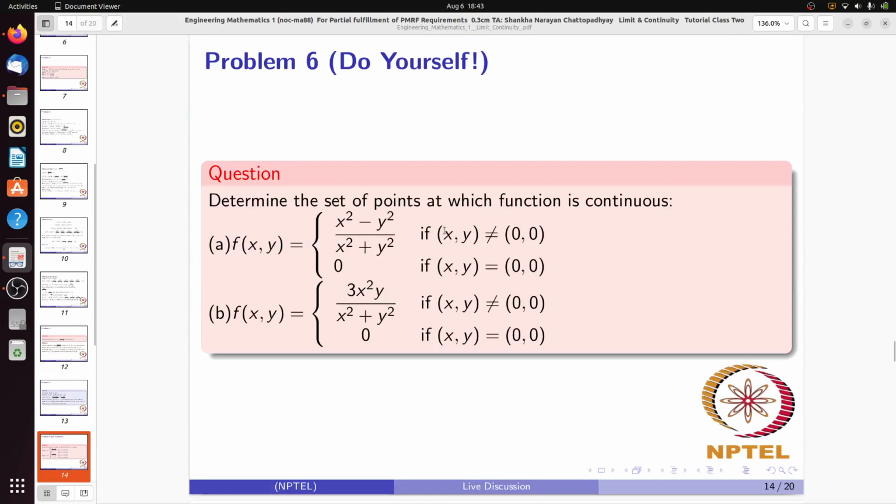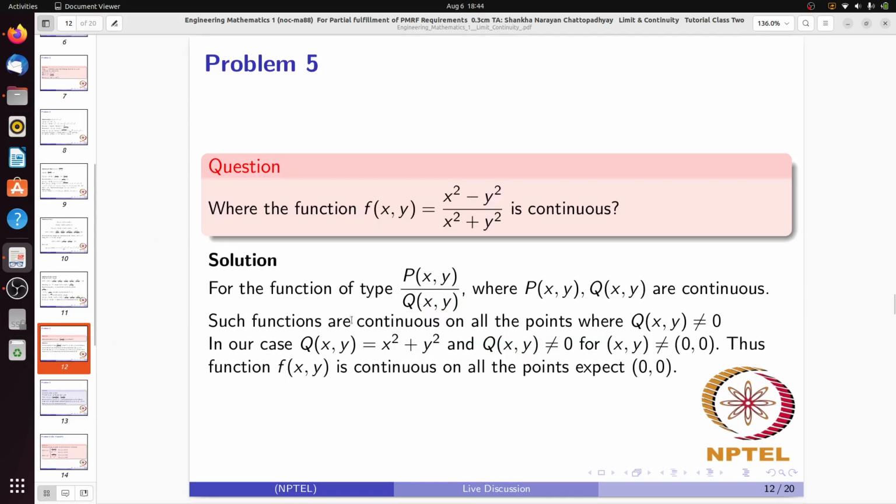Problem 6, you have to do yourself, but I am giving some hints. Determine the set of points at which the function is continuous. So see, f(x,y) equals this function, and we have to find the set on which the function is continuous. Remember the very last question.